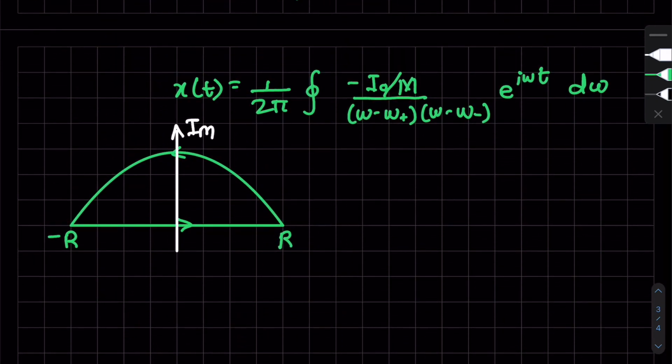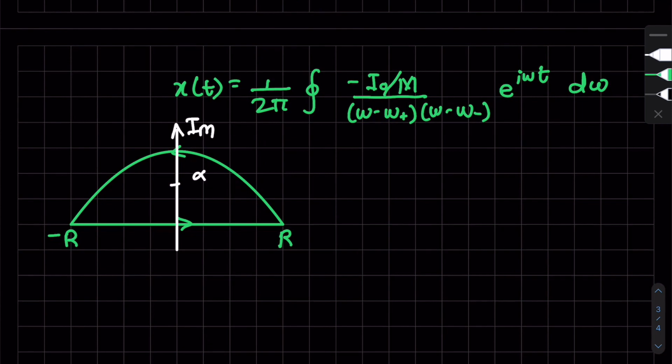So we have this on the imaginary axis, we're going to have alpha over 2m, and then this point is going to be the square root of k over m minus alpha squared over 4m squared, and then this one is just going to be minus of that.